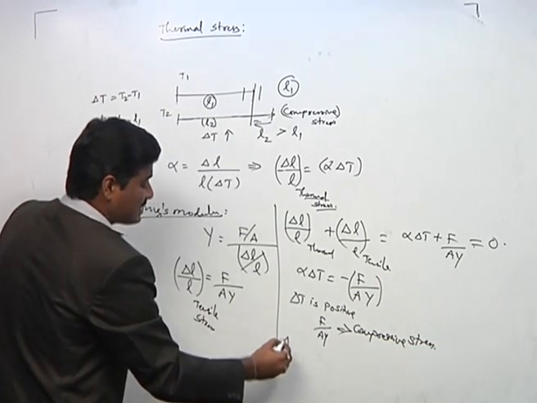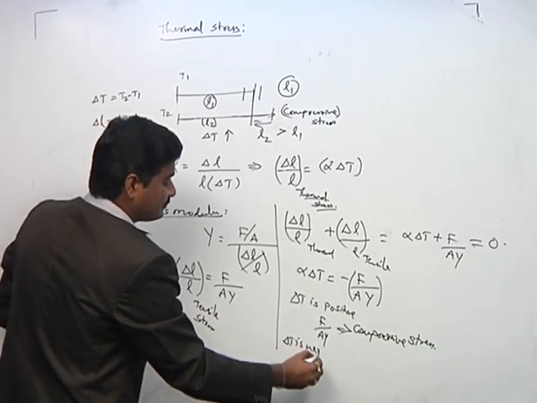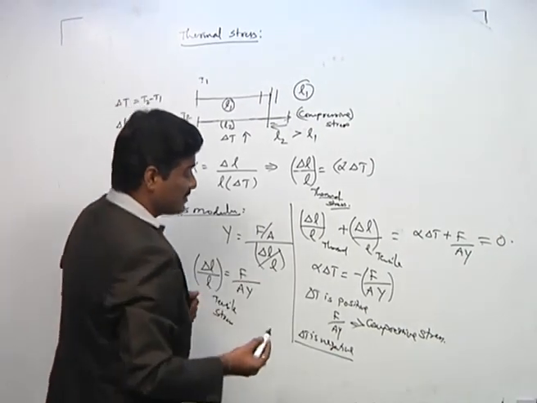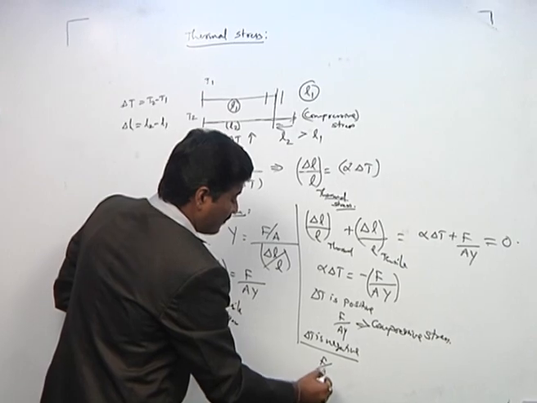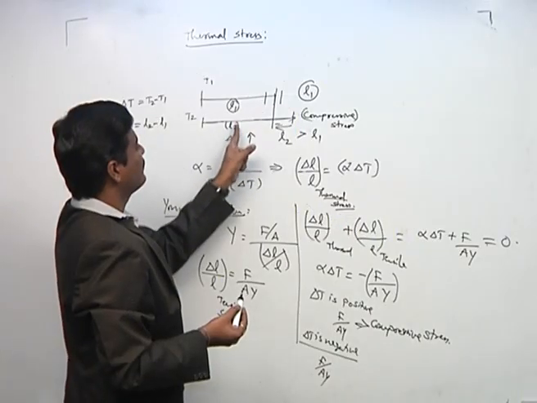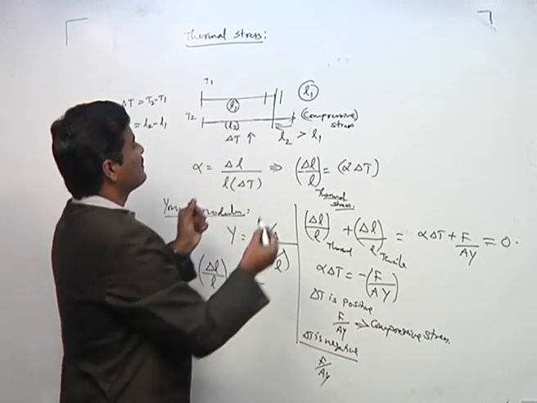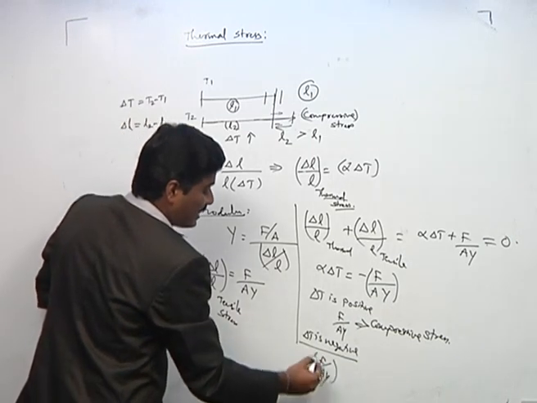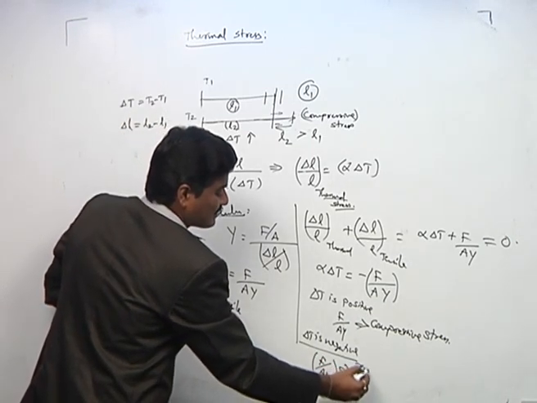In winter, delta T is negative. So with delta T negative, L2 decreases compared with L1, and the same amount of stress has to develop such that F by A gives tensile stress.